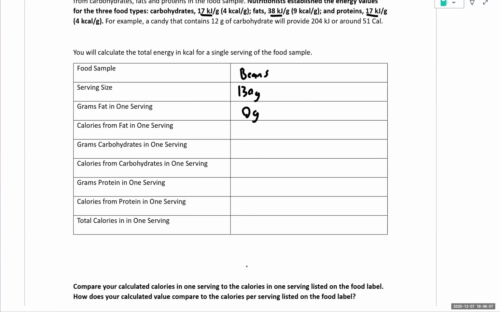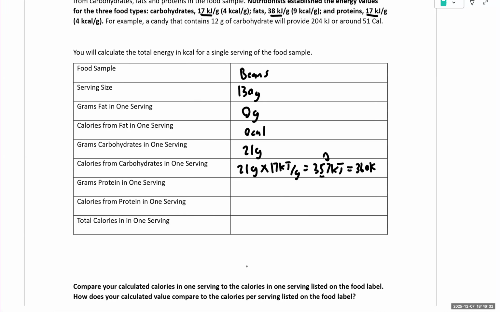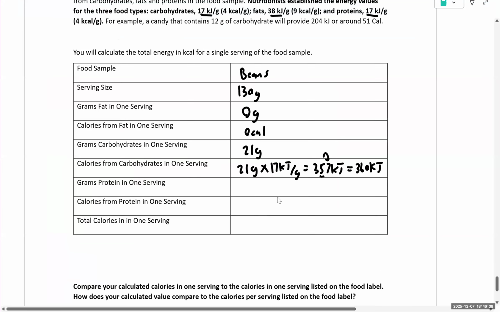So 0 grams of fat, 0 kilojoules. For the grams of carbohydrates, it was 21 grams. If we have 21 grams for carbohydrates, there's 17 kilojoules per gram. 21 times 17 gives us 357 kilojoules that we round to two significant digits, or 360 kilojoules. In terms of protein, we have 7 grams of protein.